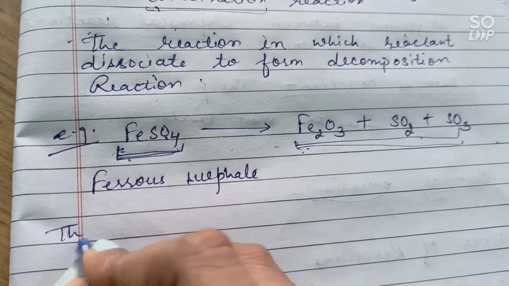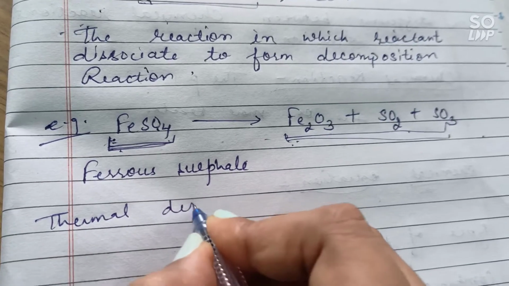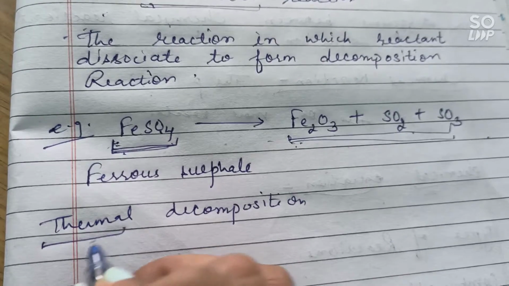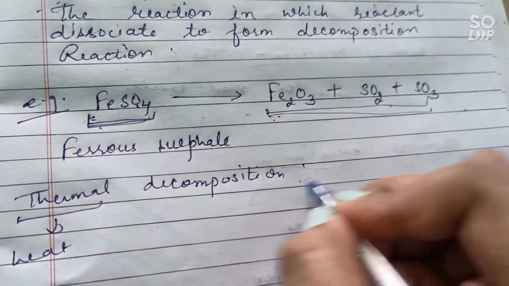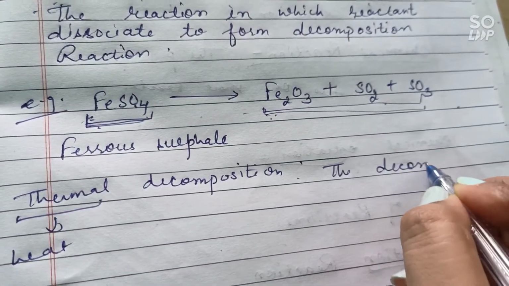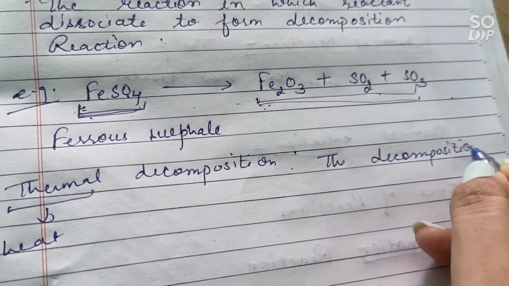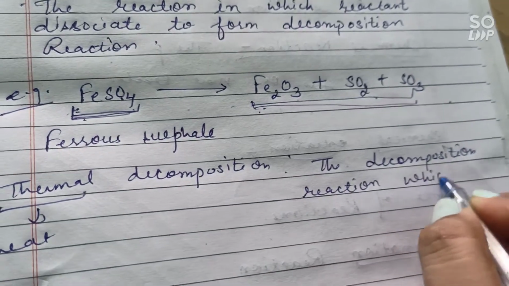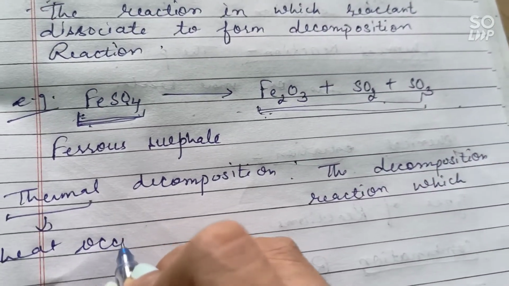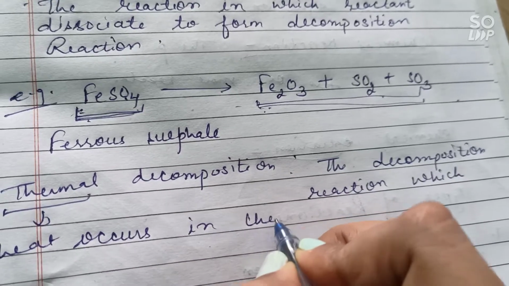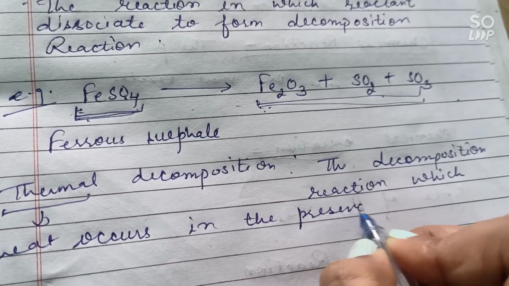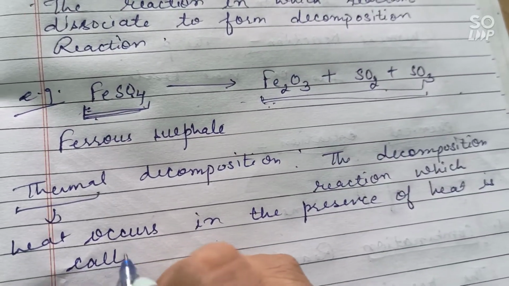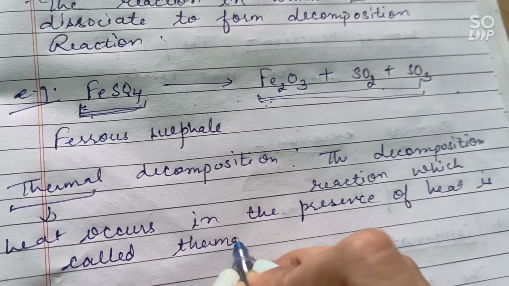Now next is thermal decomposition. What do you mean by thermal decomposition? The meaning of thermal is heat. The decomposition reaction which occurs in the presence of heat is called thermal decomposition.